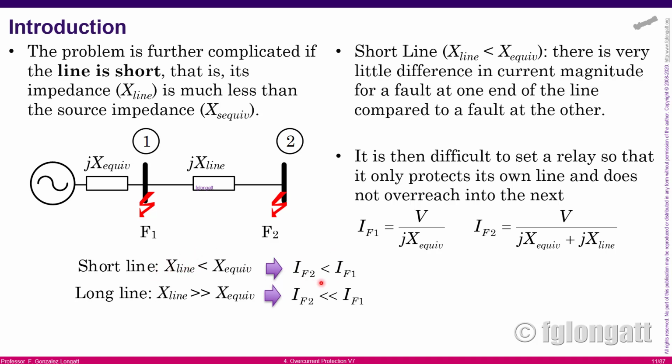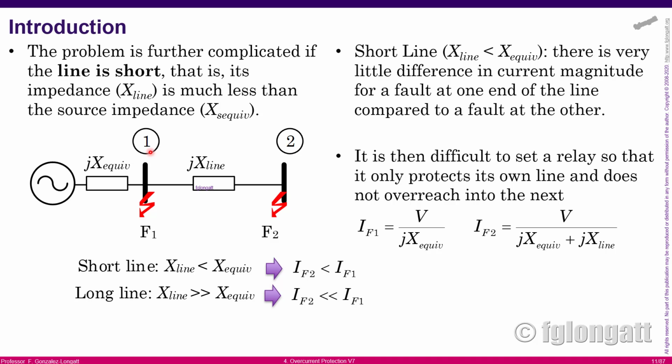However, what happens if we have a very long transmission line? Well, if we have a very long transmission line, the inductive reactance is higher. It could be several times the equivalent reactance, and as a consequence, the fault levels at bus bar number 2 will be significantly smaller compared with the short circuit at the terminals of the equivalent system.